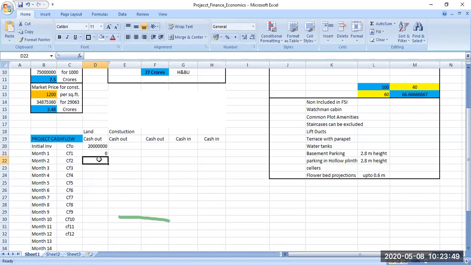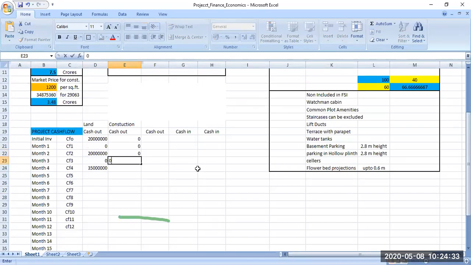After the title was done, I paid another 2 crores, and then again I didn't pay, and finally at some point I paid the remaining 3.5 crores. So this is now my total cash flow outflow for the 7.5 crores that I have paid for the land. And for construction I didn't spend anything, so I'm putting 0.